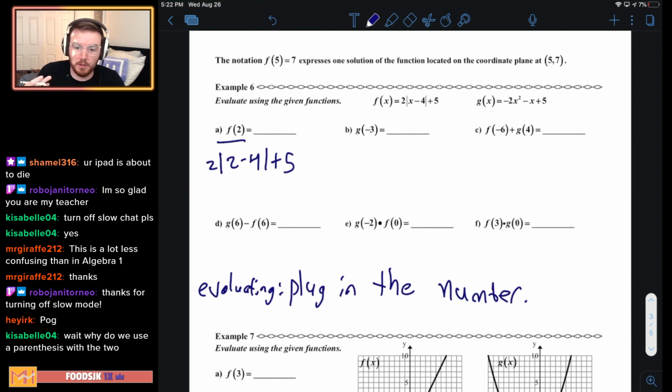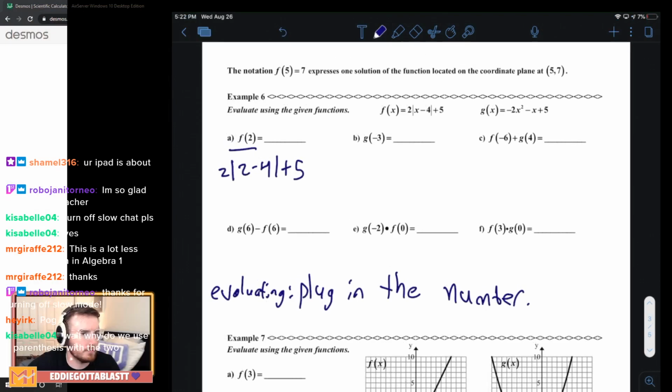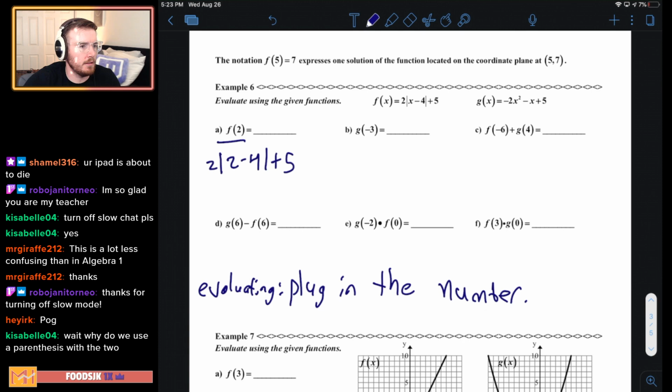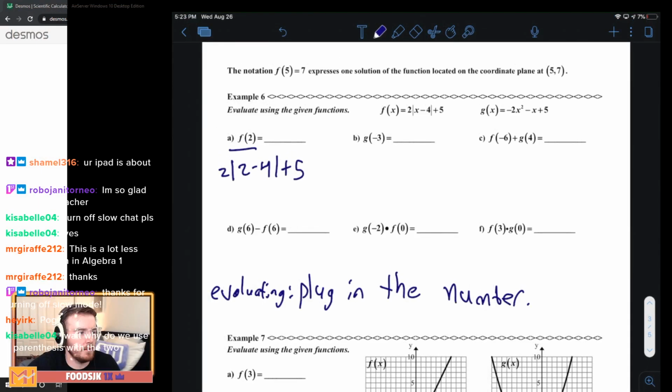Desmos is your friend. Use Desmos. Oh, I should do that. I should pull up Desmos. Give me a hot second. Desmos calculate.